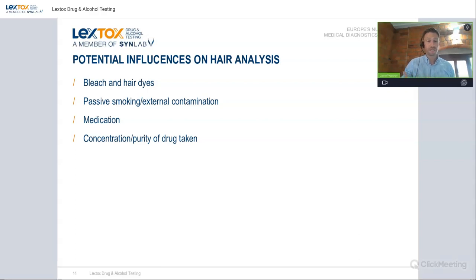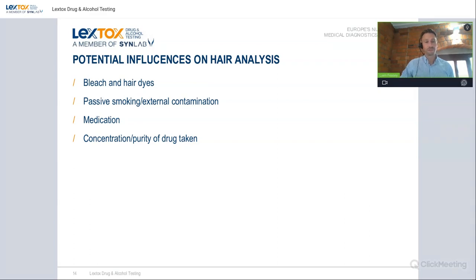So from being in an environment of passive exposure, external contamination, from a smokable drug such as cannabis being present in the atmosphere, that wouldn't be expected to go into the body at levels above that cutoff level to therefore provide a positive result.